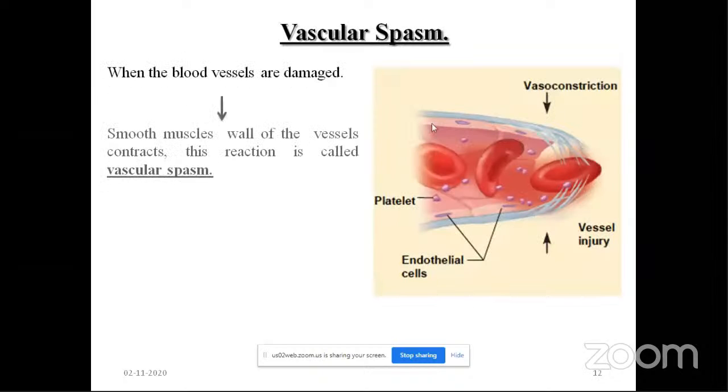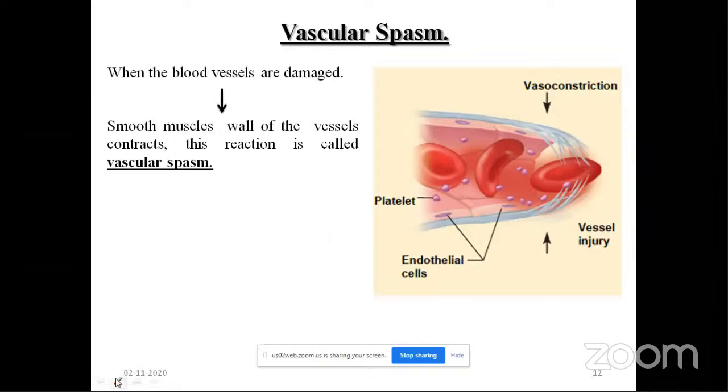Now, vascular spasm. Whenever there is a blood vessel injury, when the blood vessels are damaged, the smooth muscles present in the wall of the blood vessels contract. Whenever there is vessel injury, the blood starts coming out of the damaged blood vessels.